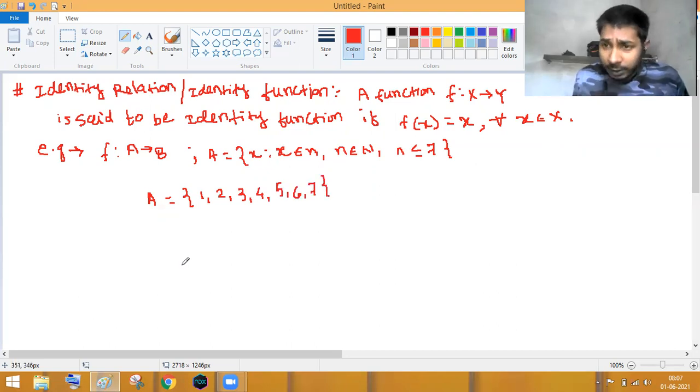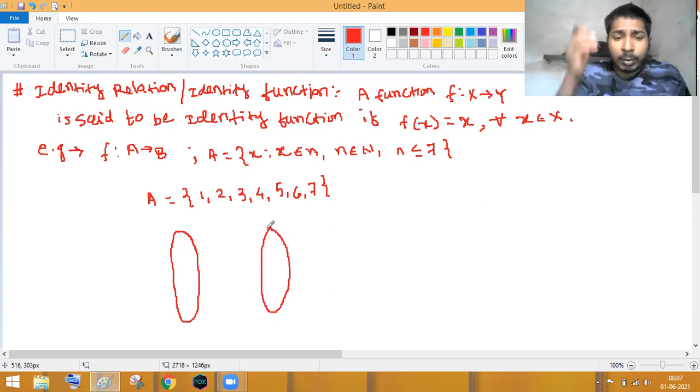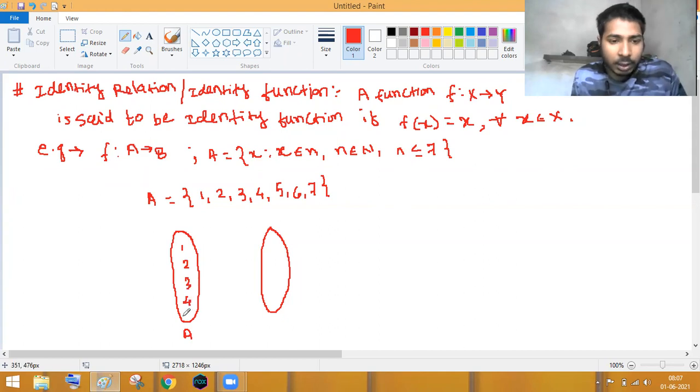Now, if you have to define the identity function or identity relation, suppose you have here the set A, and here set B. In the set A, we have the numbers 1, 2, 3, 4, 5, 6, 7.